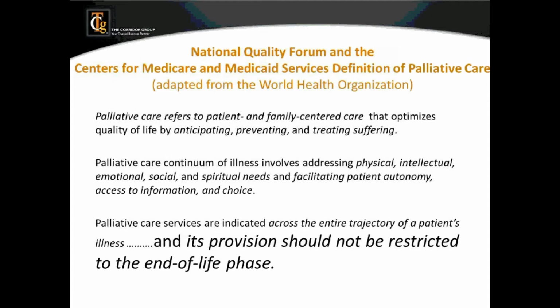Years back, when you would go into a physician's office and get your blood pressure taken, you'd have to sneak to look at what your blood pressure was. Nobody ever told you what that was. So nowadays, in the palliative care realm, we truly do facilitate that patient autonomy and give them access to information, and then choices about that information.